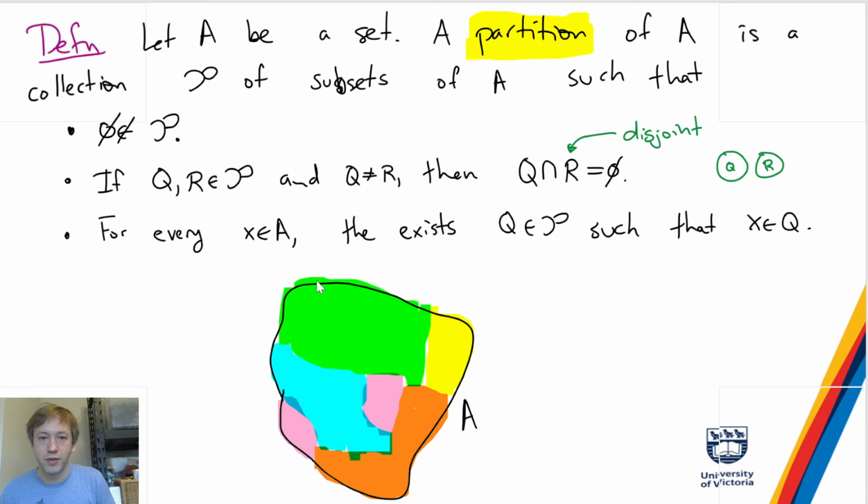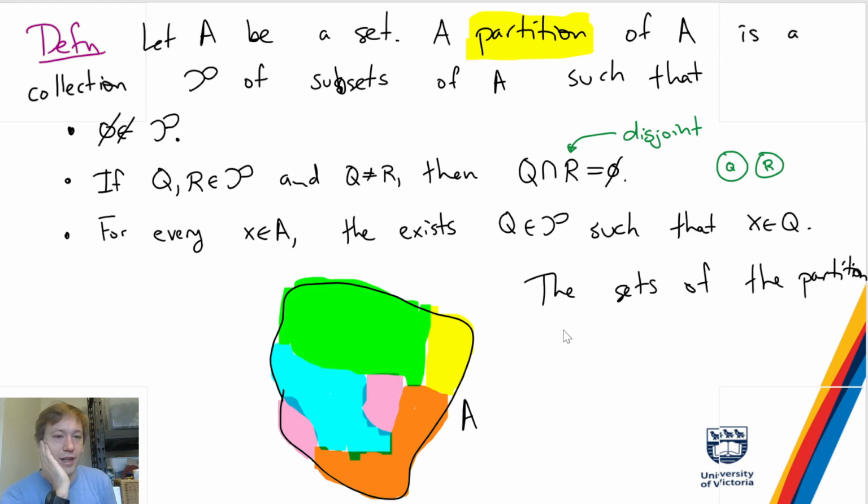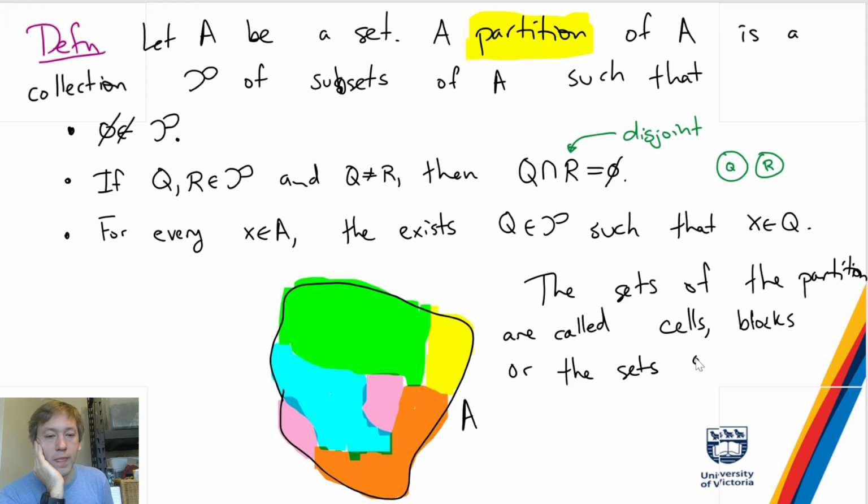And just a bit more terminology. The sets of the partition, well, we can call them lots of different things. I think in the notes it says that they are called cells or blocks or just the sets of the partition.